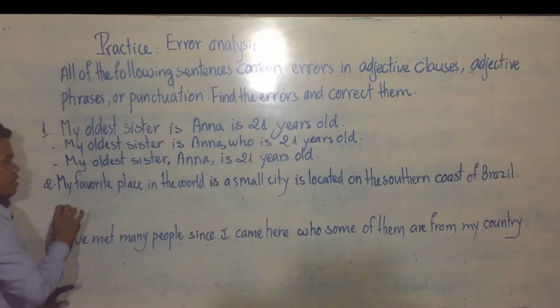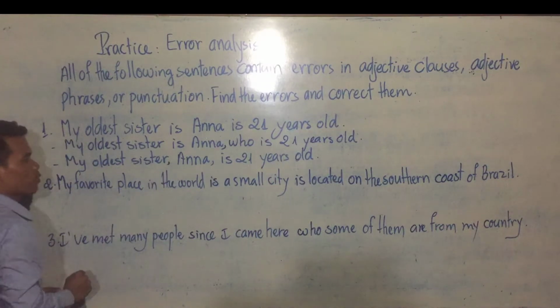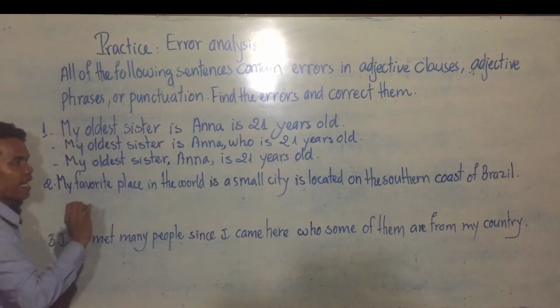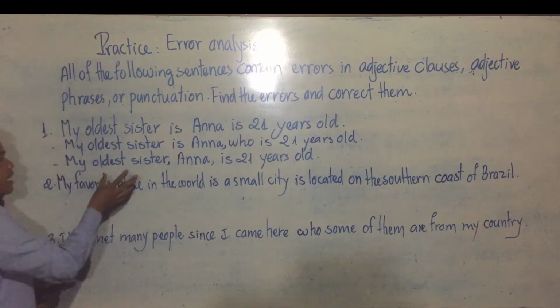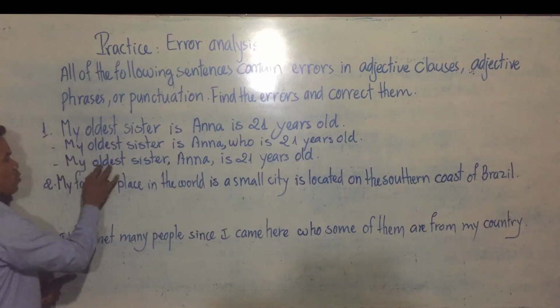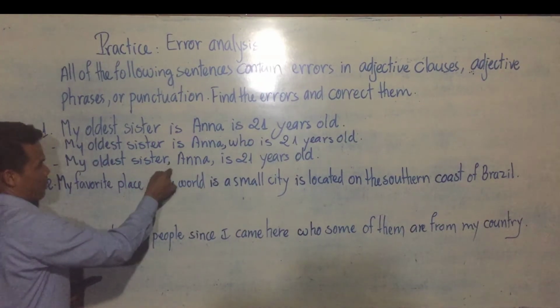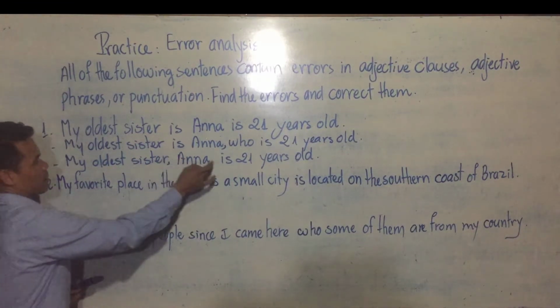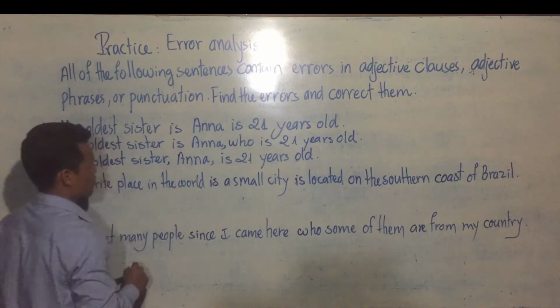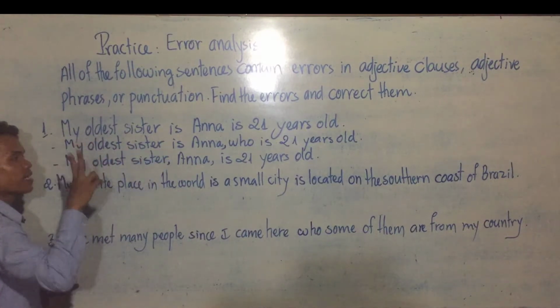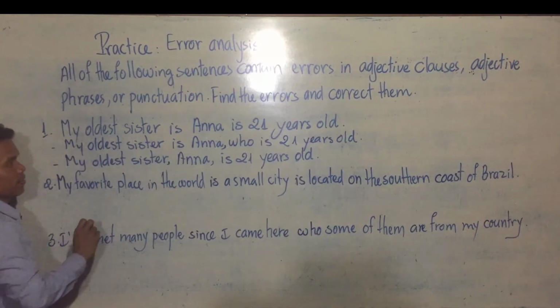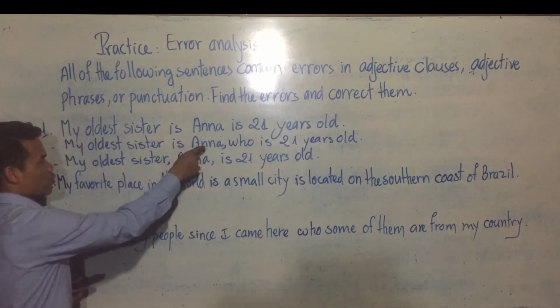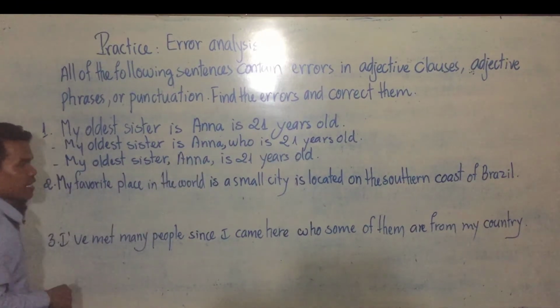In the other way, no need to use a relative pronoun or write an adjective clause, but we can write like this: my older sister, comma, Anna. Anna here becomes an appositive, comma, is 21 years old. So number one here we can write in two ways. Up to you whether you prefer the first one or the second one.